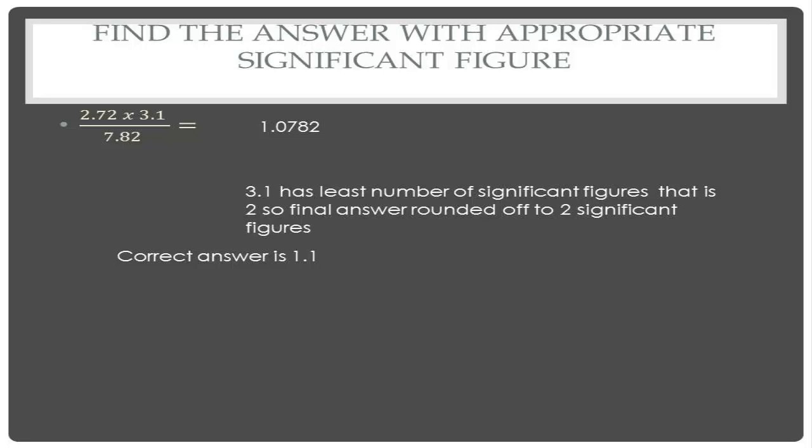So we have to write the final answer in 2 significant figures, due to the least one, that is 3.1. So we round it off. The last digit 2 is less than 5, so simply drop it. Then 8, drop it and add 1 to 7, so it becomes 1.08. But we have to round it off to 2 significant figures, so the 8 will be dropped, which is more than 5, so we add 1 to the 0, and it becomes 1.1, the final answer.